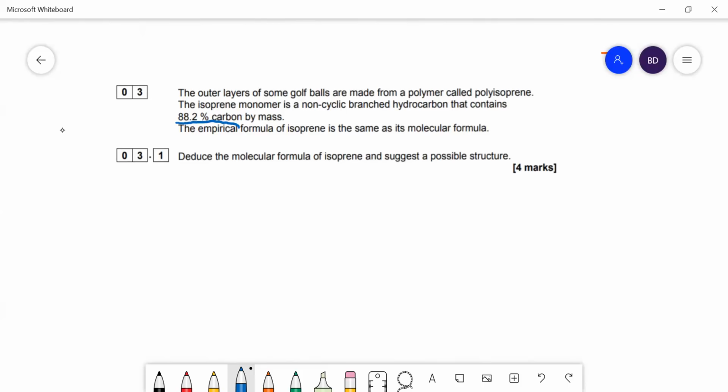So I'm going to say that if you had 100 grams of the compound, you'd have 88.2 grams of carbon, and the rest would be hydrogen. So that's 11.8 grams of hydrogen. We need to work out the number of moles of each of those.